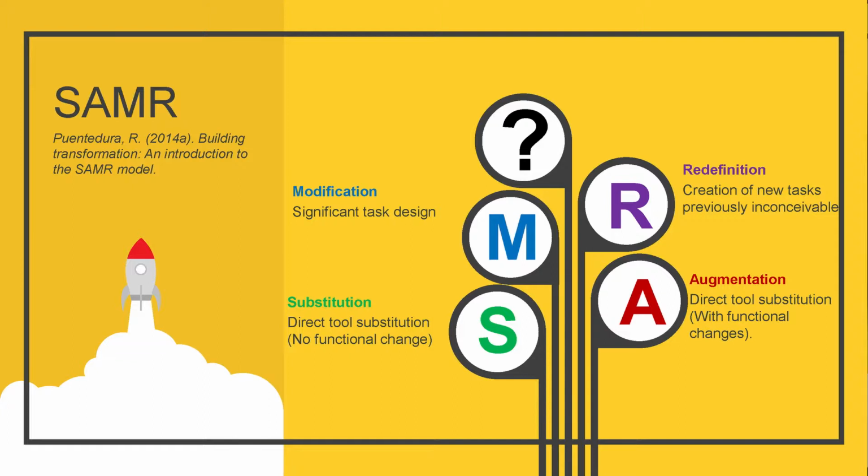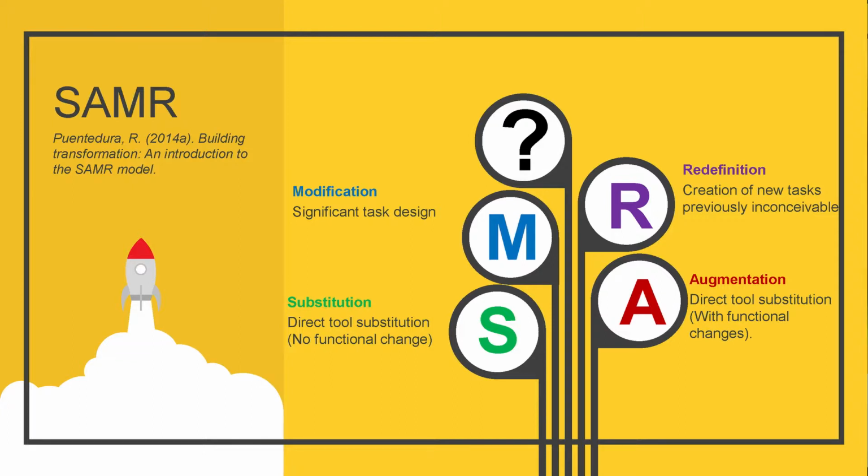All right, so these are the 4 generic levels that the SAMR model tells teachers how well they are integrating technology into their lesson design. So when I say lesson design, that is instructional design, how you design your instruction, how it is delivered to your students, and things like that.